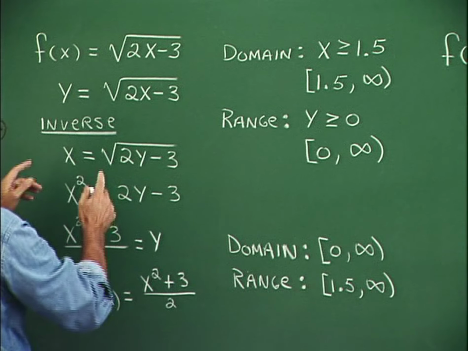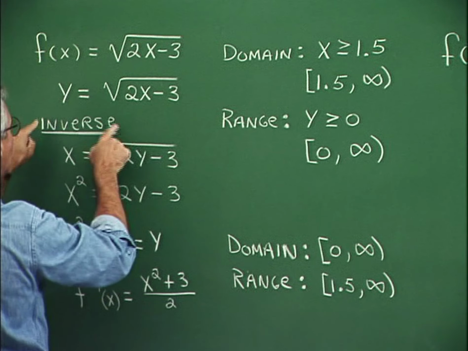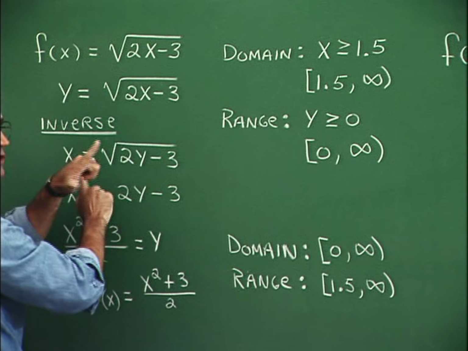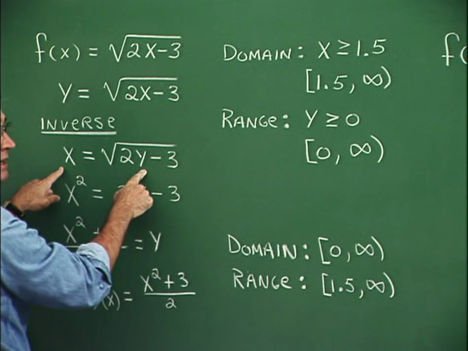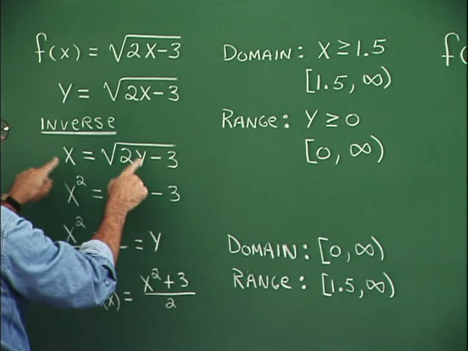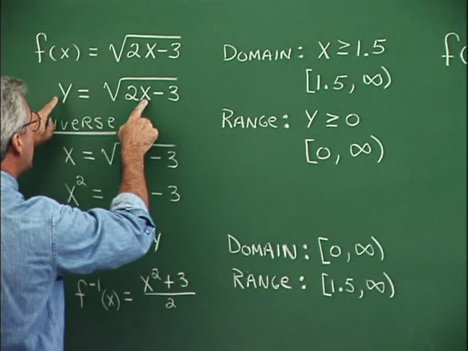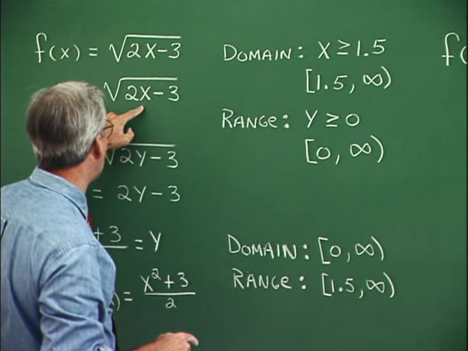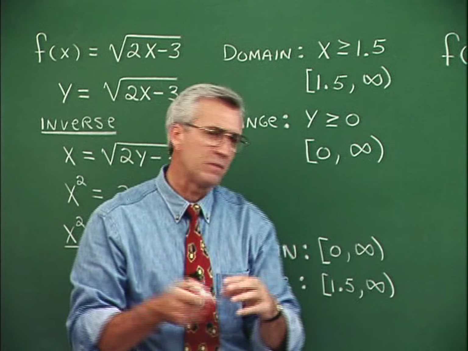One is to just replace x with y and y with x here. When we inverse, we just exchange the role of x and y. And so we can exchange roles right here, and then we can solve this for y. And that's the way I'm doing it here. The other way is to just take this form and solve this form for x and then exchange the x and y, but it really doesn't make any difference.